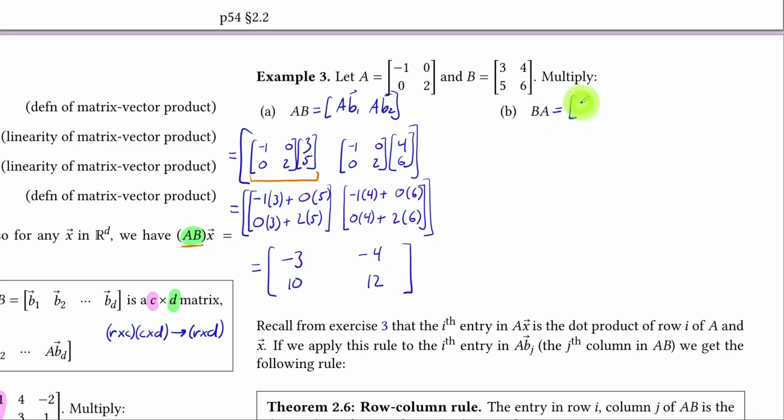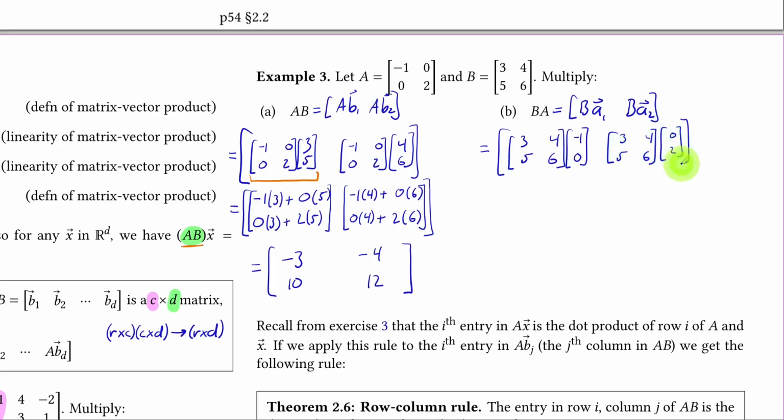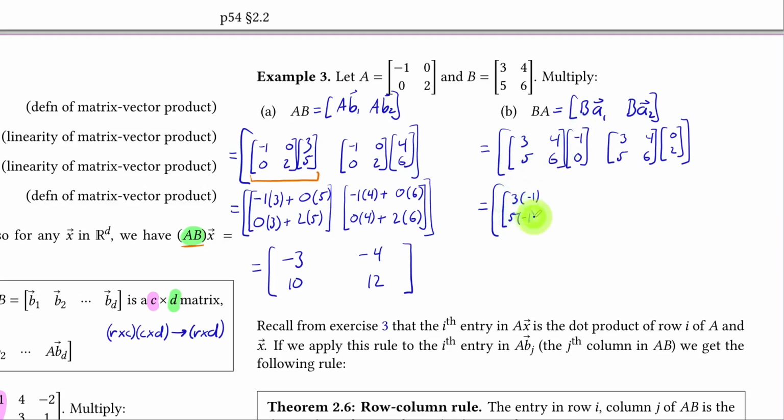Now the definition of this, now that the B is on the left, we're doing B times A1 and B times A2, like so. And for that, we can just do the 3, 5 column scaled by negative 1, plus the 4, 6 column scaled by 0.